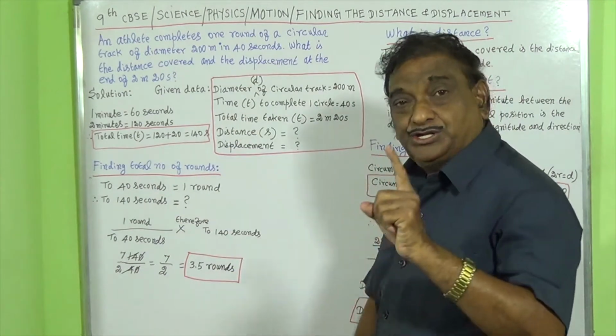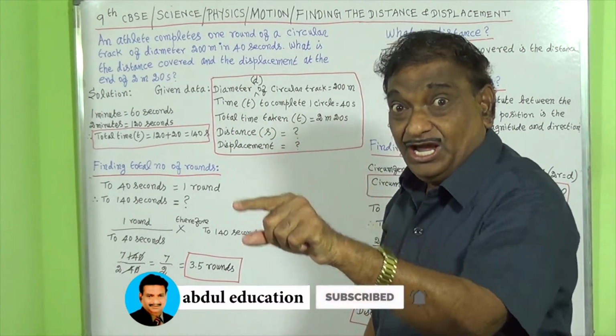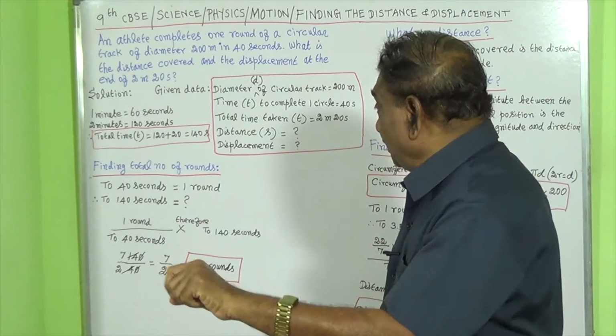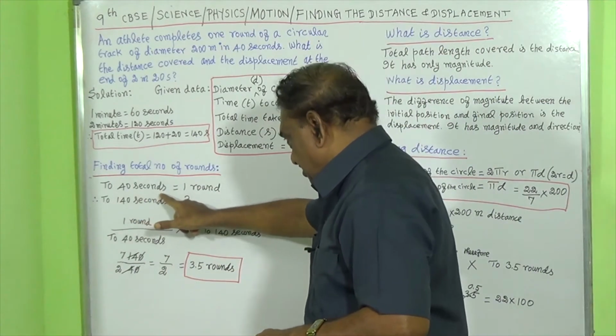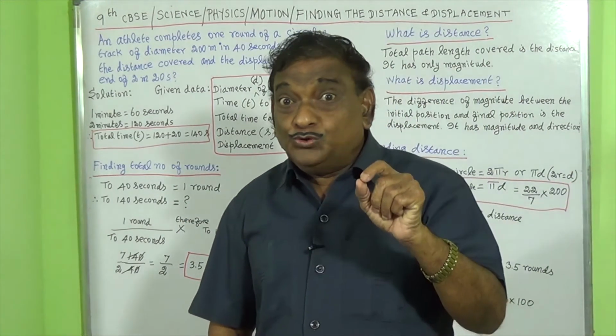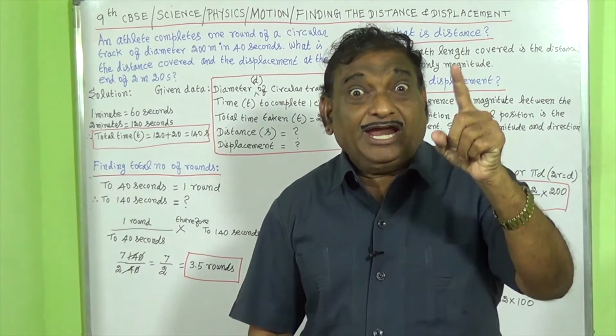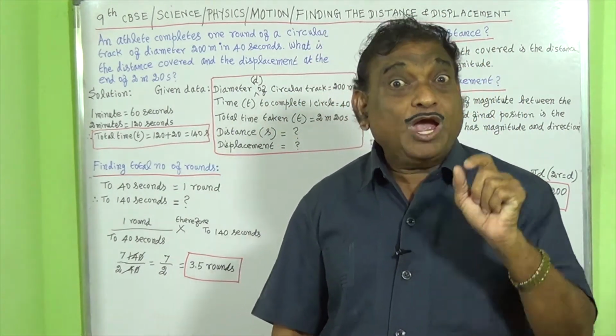So can we write one equation from these two data? Yes, we can write: 40 seconds equal to one round. We have to find the number of rounds completed by the athlete. Why?